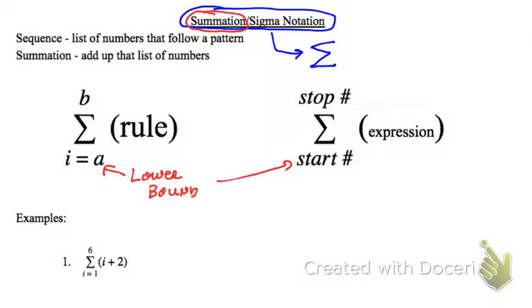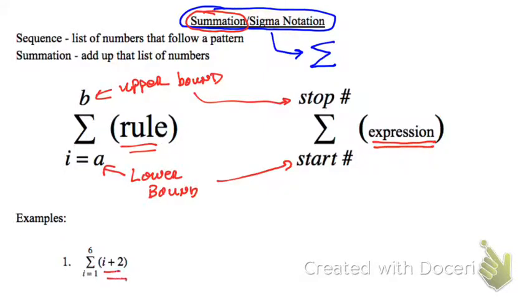We're going to simply call it our starting number. The B up top is called your upper bound. We're going to simply call it our stopping number. And then the rule that we see here will be some kind of an expression that will have a variable in it, something we're familiar with seeing. Like if you look down here at number 1, you see an i plus 2. That's what it will look like for a rule.